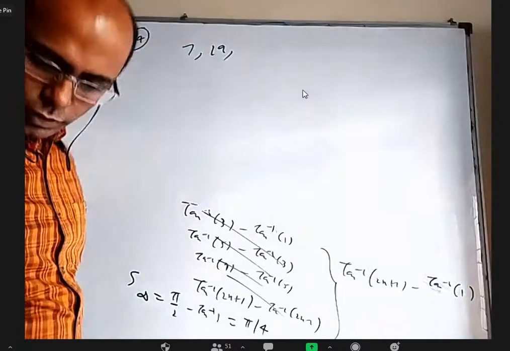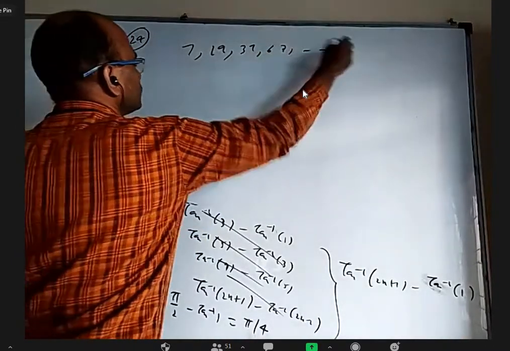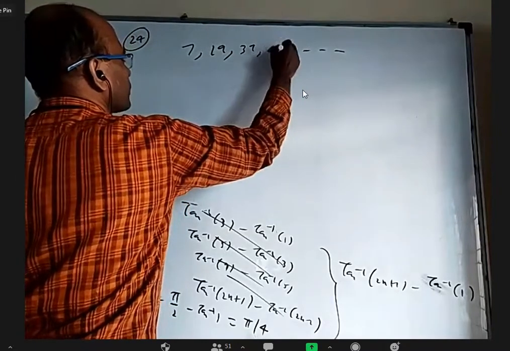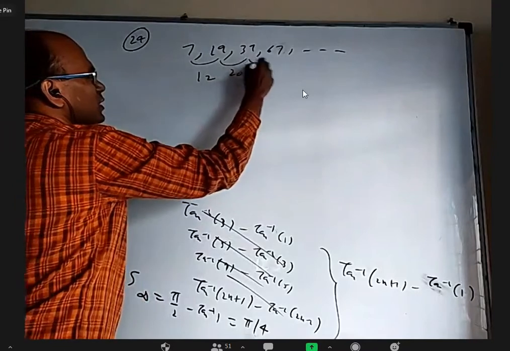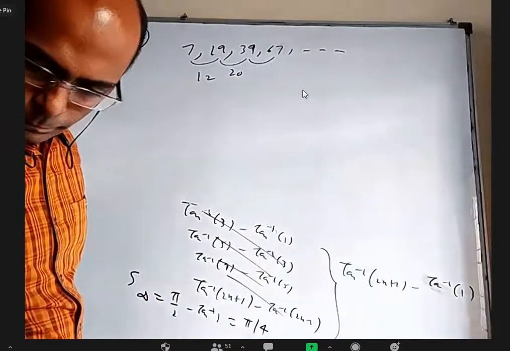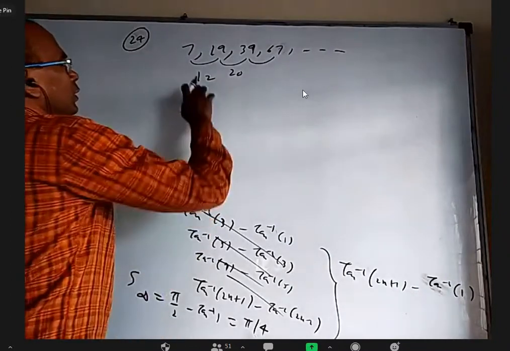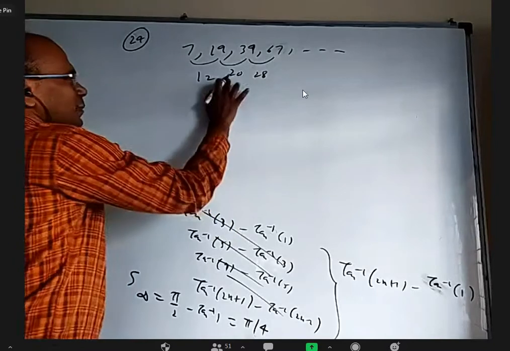7, 19, 39, 67. This gap is 12, this gap is 20, and this gap is 28. So this gap is 8, this gap is 8.